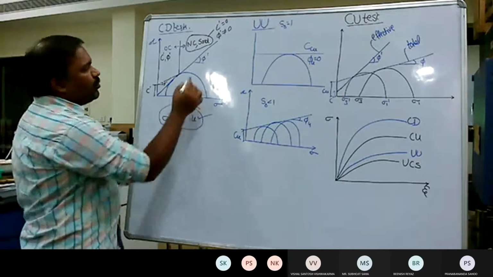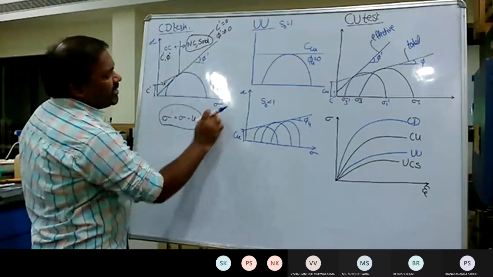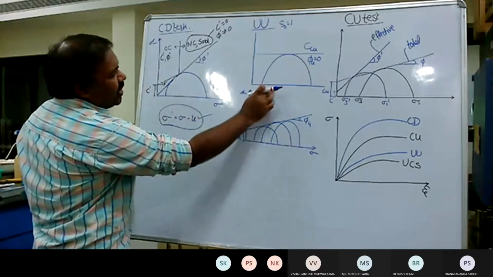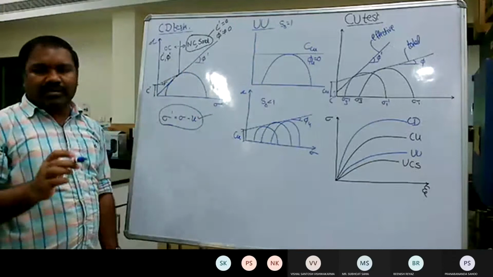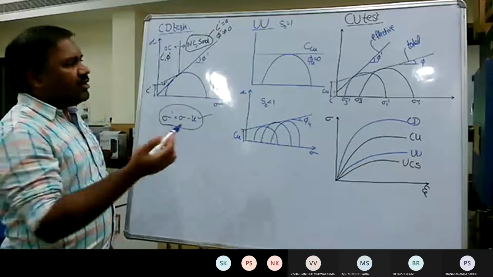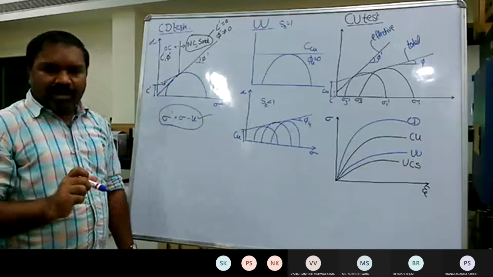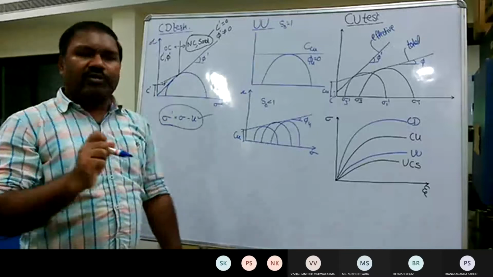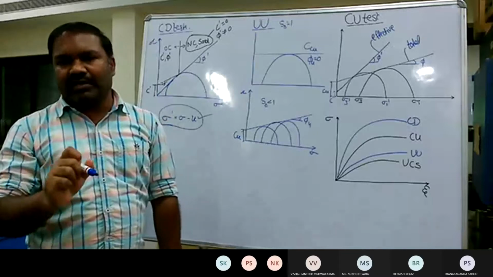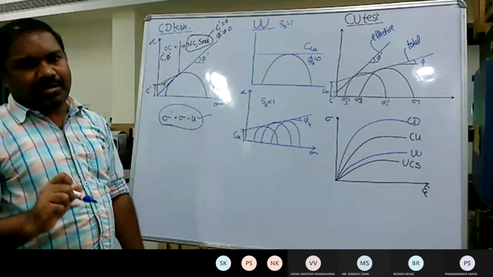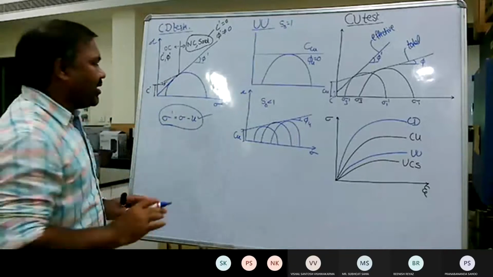Why is it highest? Because you are not allowing the water to dissipate from the soil sample. The water is also bearing the load. That's why u is high. There is some value of u, which means the water is bearing the load. So this is the funda.